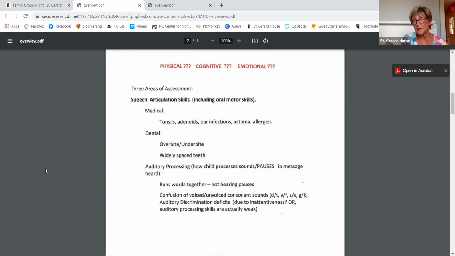Another word combination might be first and fast. They know what fast means, and they know what first means, but they confuse the two because they sound so much alike. So we're always looking to see how well the child is listening and how well they are processing what they hear.